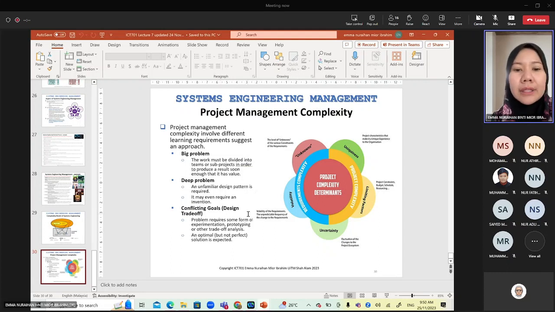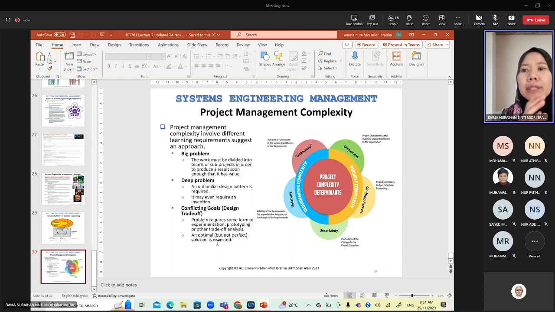Conflicting goals, design trade-off: the problem requires some form of experimentation and prototyping. Conflicting goals means there is a possibility that sometimes you have different types of strategies, and then you come up with a different solution.